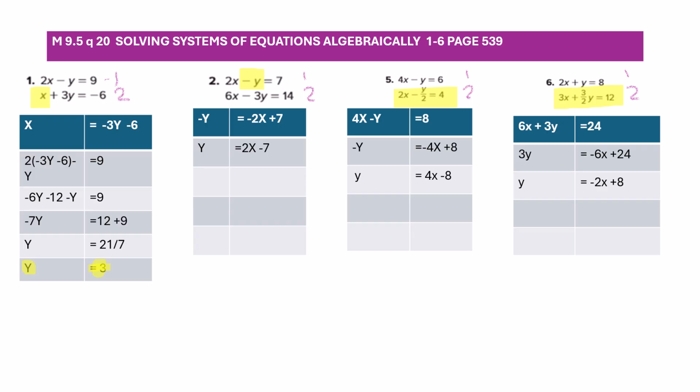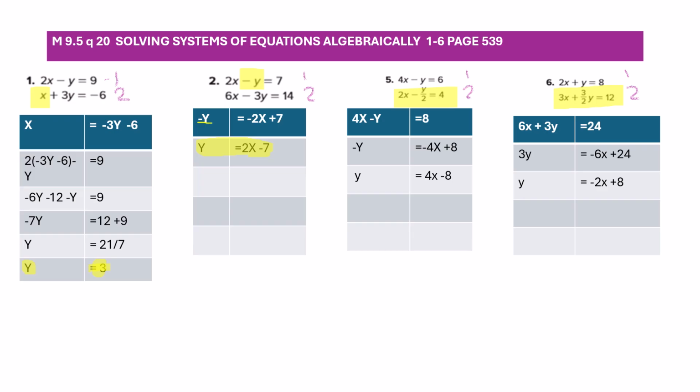And then you follow on with the continuation of substitution as in the previous example. In number 2, I wrote down equation 1, which is 2x minus y is equal to 7. Rewriting this with y as the subject, it will be minus y is equal to minus 2x plus 7. Remember, we divide by negative 1.